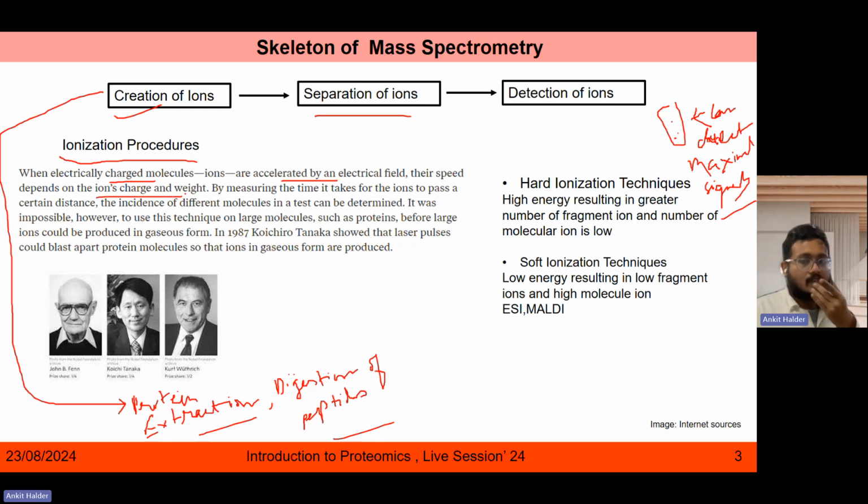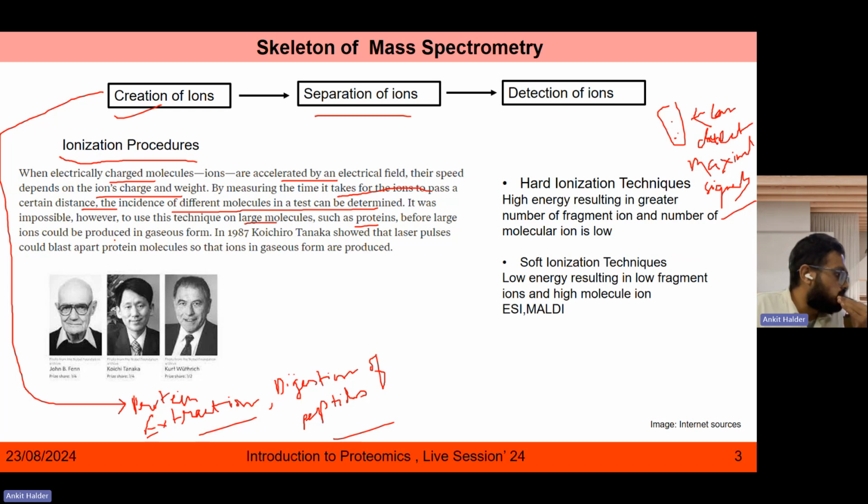By measuring the time it takes for the ions to pass a certain distance, the different molecules in a sample can be determined, based on how much time it takes to reach the end. It was impossible, however, to use this technique on large molecules such as proteins, as I was mentioning before.